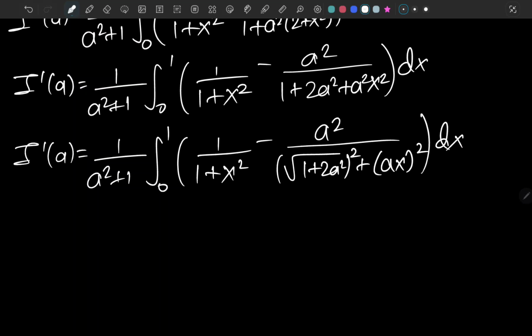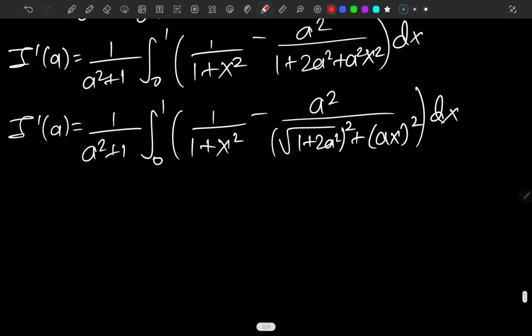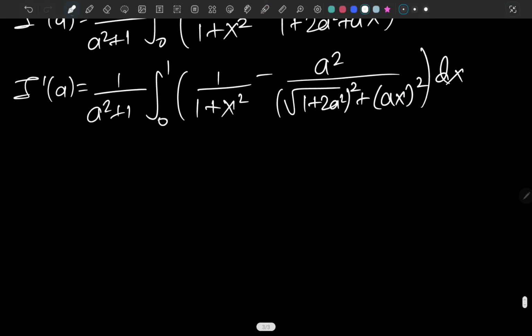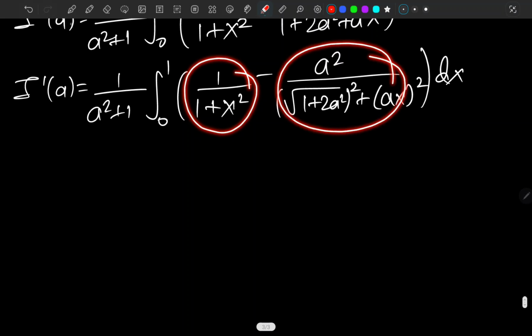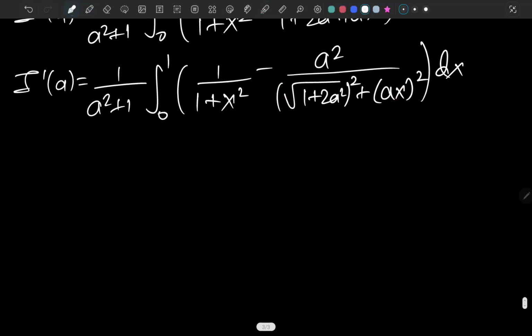I can do that. And now if you look closely, it's a constant, and x times a constant is being multiplied here. So in both cases we have a tangent thing.